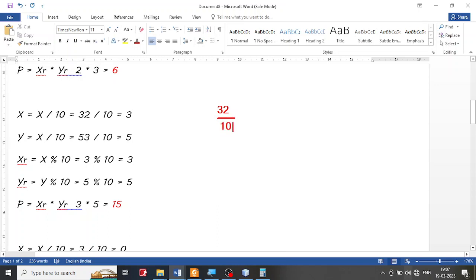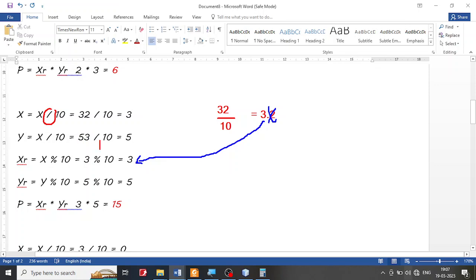You are performing the integer division. What is the answer that you are going to get? Answer is 3.2. Discard the fraction part, take only the integer part.